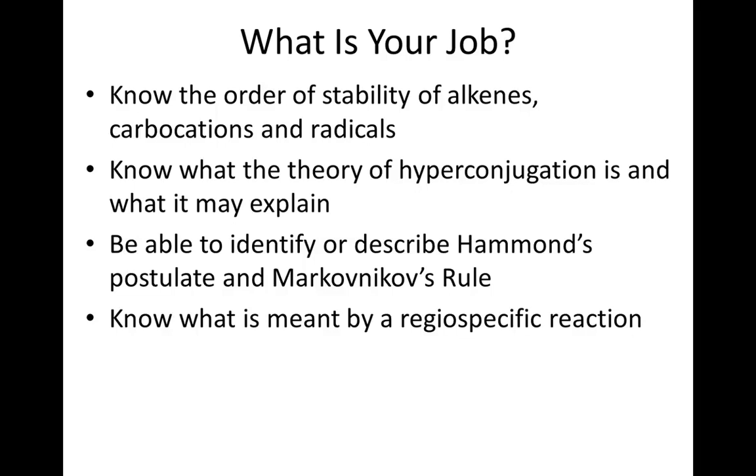And you also need to be able to understand what is meant when somebody says that this is attributed to Hammond's postulate or Markovnikov's rule. You need to know what that means, and also what we mean when we talk about regiospecific reactions. And we'll be talking more about those things and looking at specific examples as we go into the next chapter, and that ends this material.